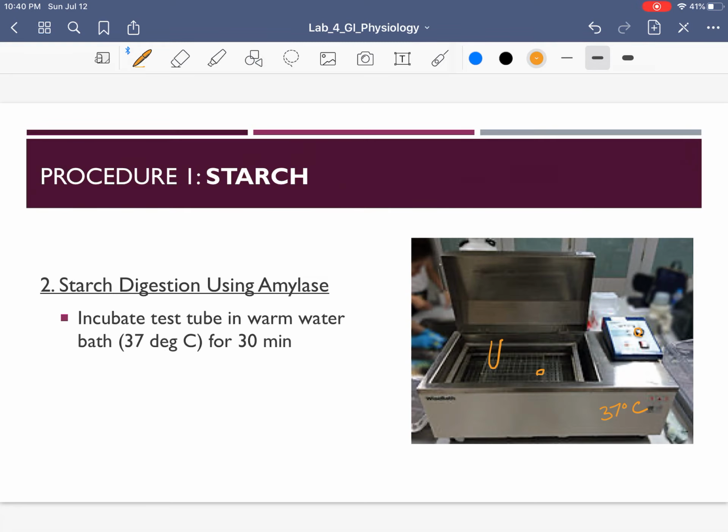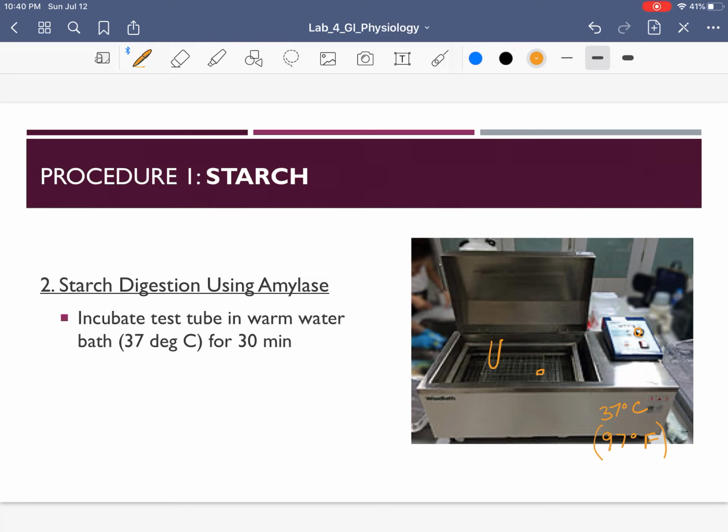The reason why we incubate these in a warm water, by the way, this is about 97 degrees Fahrenheit. The reason why we incubate these in a warmer environment is because this approximates the temperature of our body. What's our core body temperature? 97, 98.6?